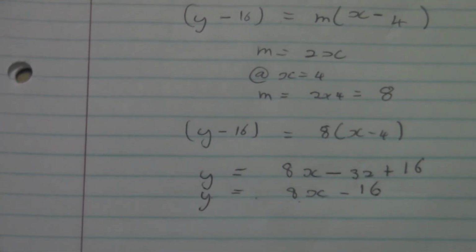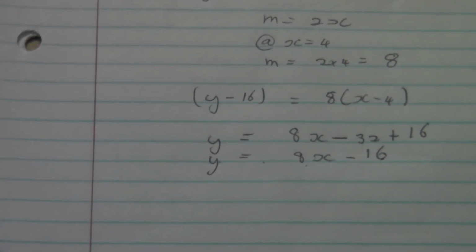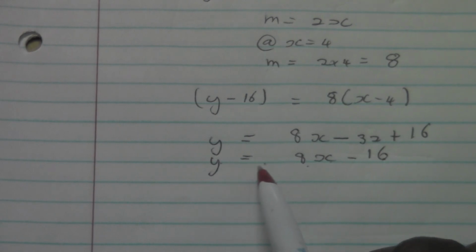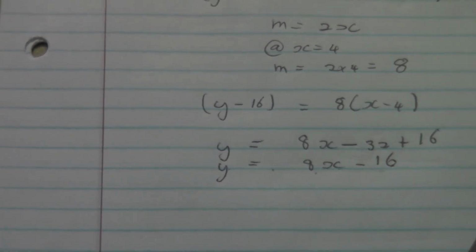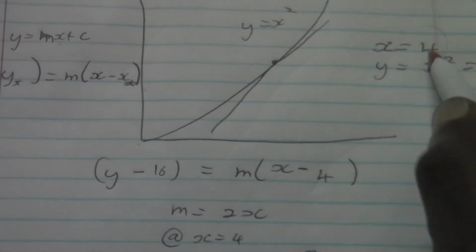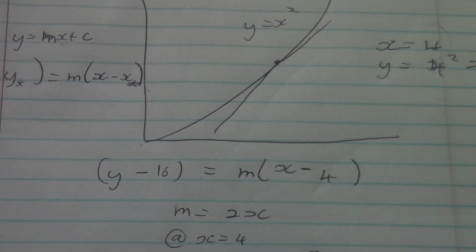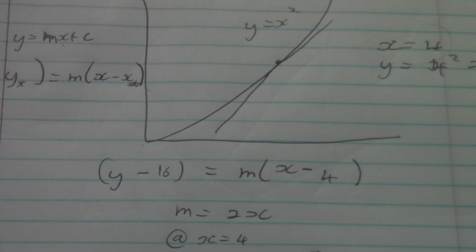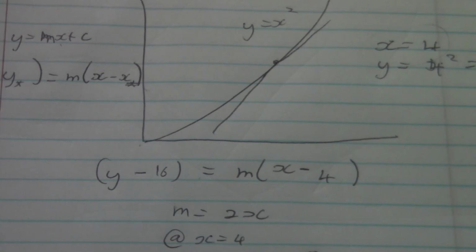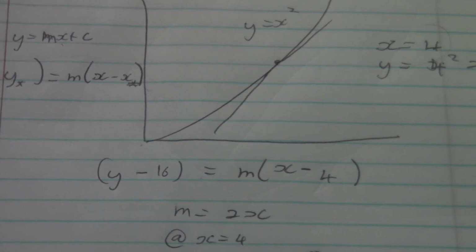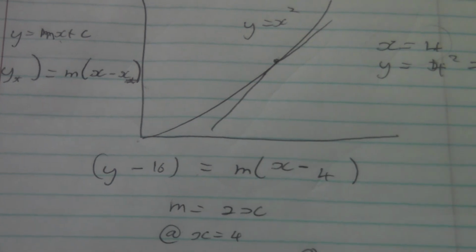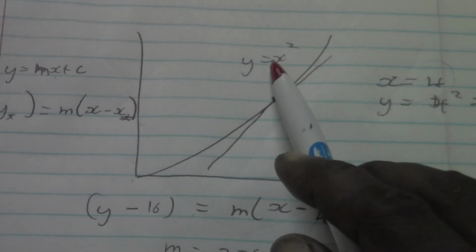So we have successfully found the equation of the tangent line that passes through the point x is equal to 4. Right? You will always follow this for every tangent line question. It will always be those exact steps you will have to follow. Now of course you could have known the m by just using the general rule for differentiation.